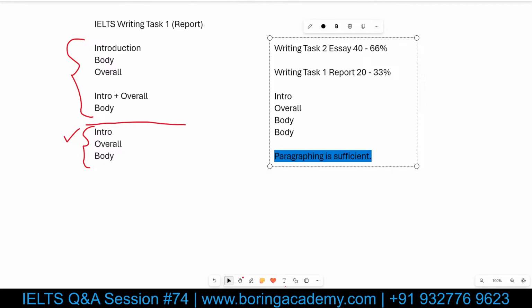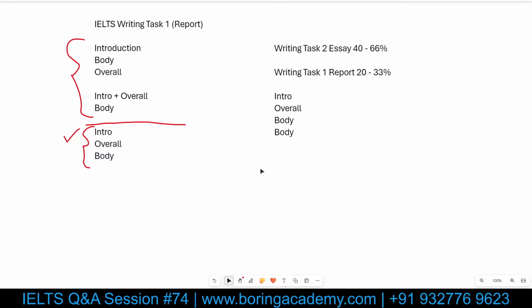If we are scored for paragraphs, why not include one as an overall? Another point is, let's say by the time the 20 minutes are up, you're only left with 1 minute. You can somehow write anything about body paragraph 2 and conclude your whole thing. And still, there is an intro, there is an overall, and there are body paragraphs. So this is more recommended as compared to the previous two. Now is it clear why this one is better? Yes, sir.